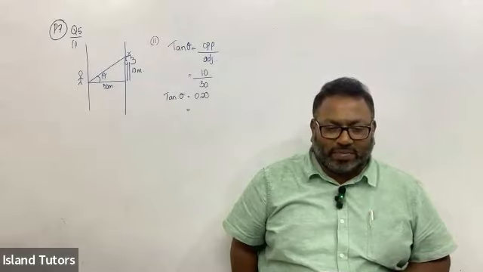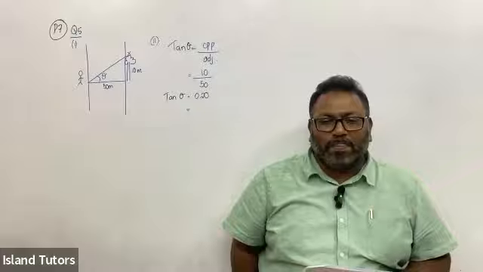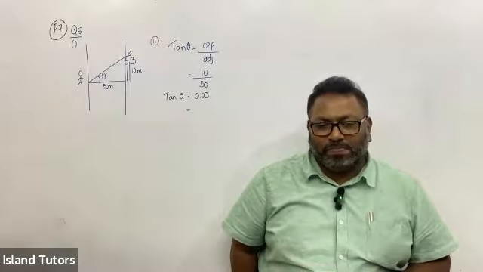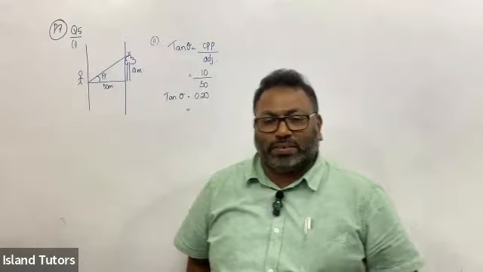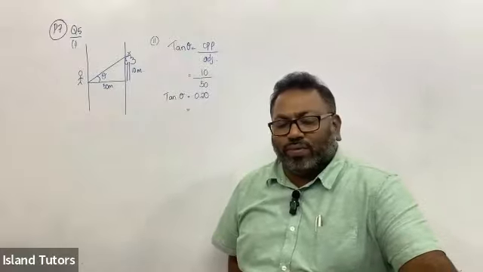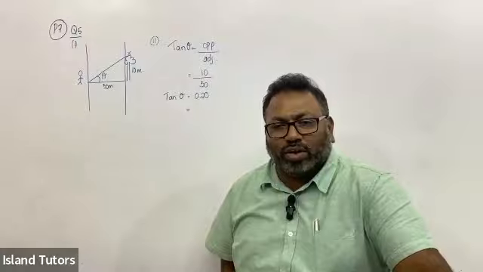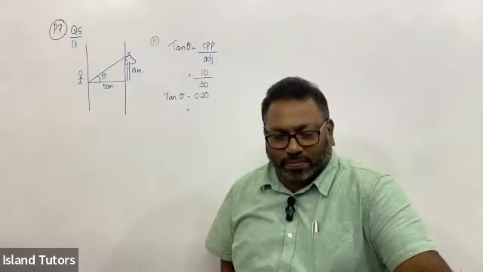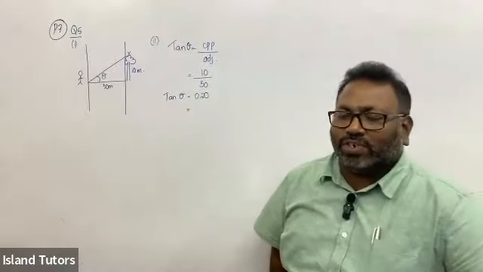Tan theta is 10 over 50, which is equal to 0.2. Go through your tan table and give me the angle that you are getting for 0.2.